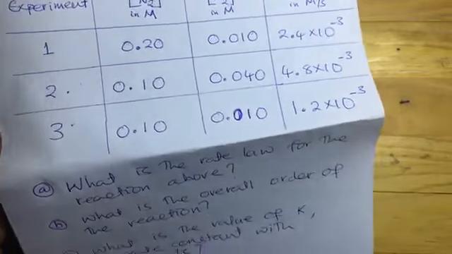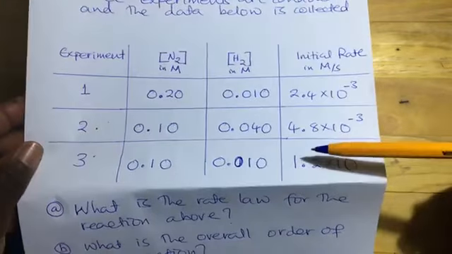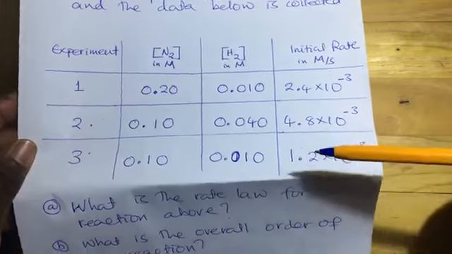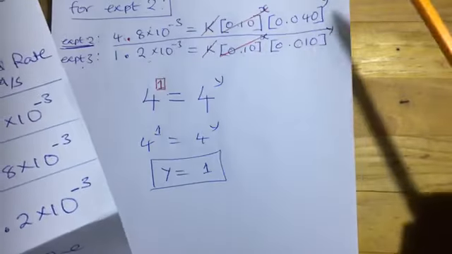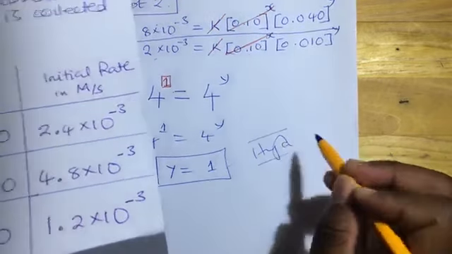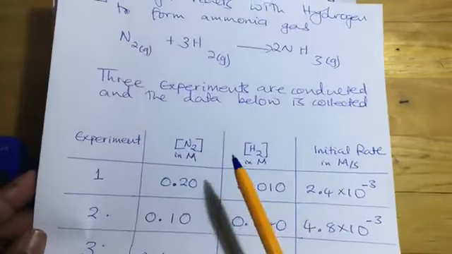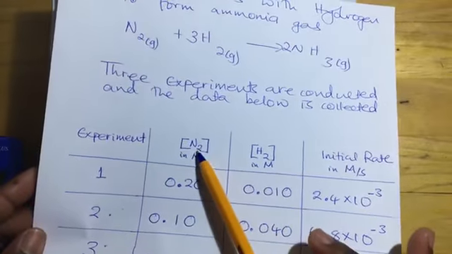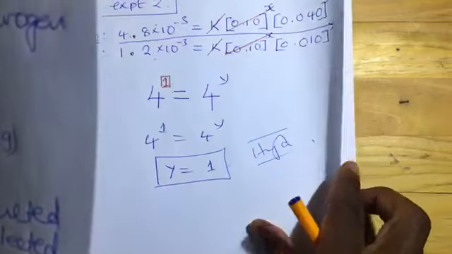I've managed to find y, which is the power of hydrogen, right? I'm now going to find x, which is the power of nitrogen. Keep in mind that we found y to be 1.